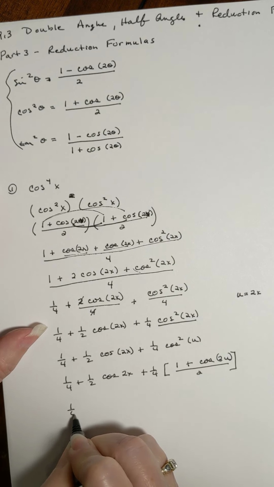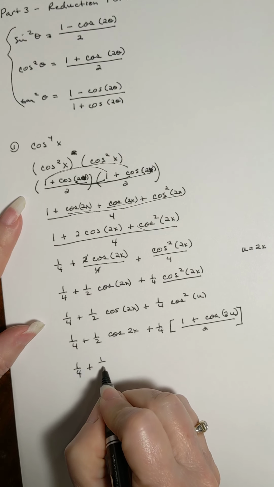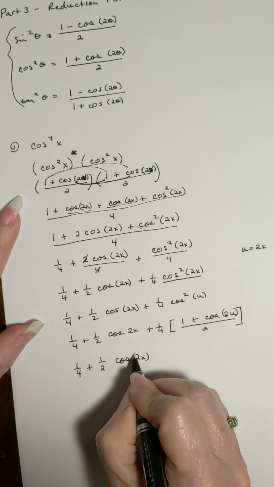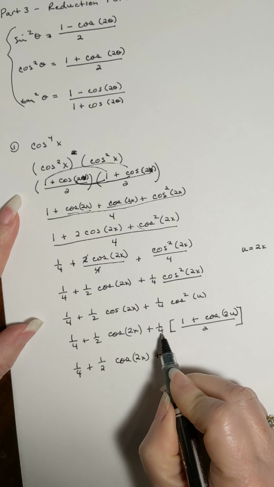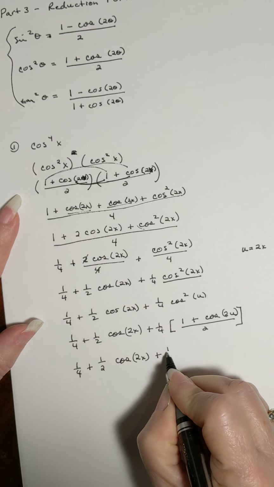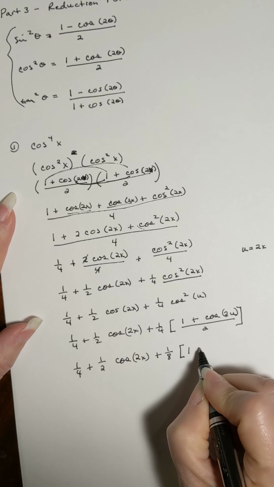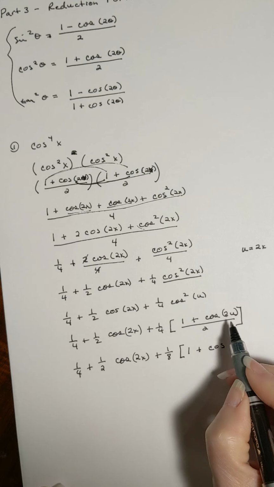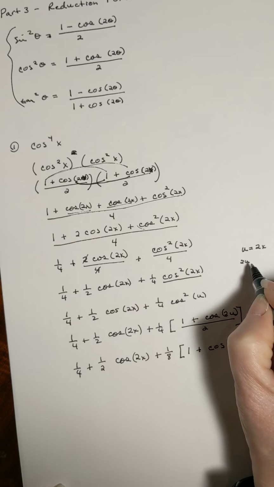So this would be 1/4 plus 1/2 cosine of 2x plus, and I'm going to go ahead and multiply my numerator here, 1 over 8, and it would be 1 plus the cosine, and instead of writing it as 2u, let's see what 2u is equal to.